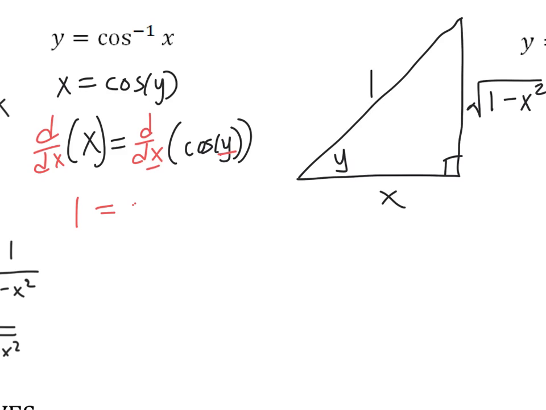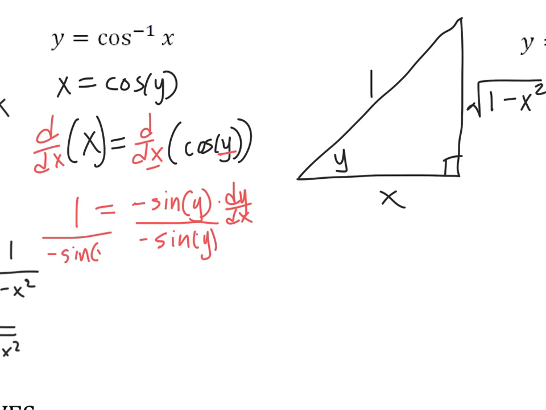I take my normal derivative, which is negative sine of y, and multiply by dy/dx. Then I divide everything by negative sine of y, and I end up getting that dy/dx is equal to negative 1 over sine of y.